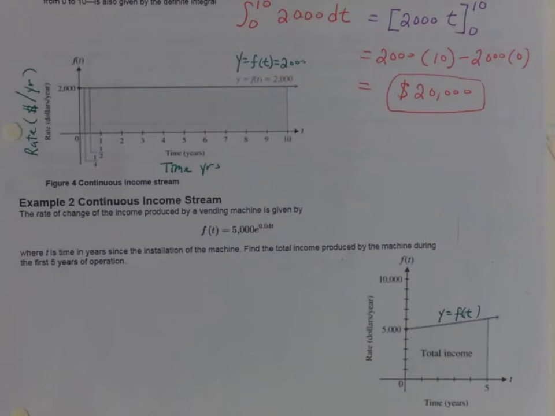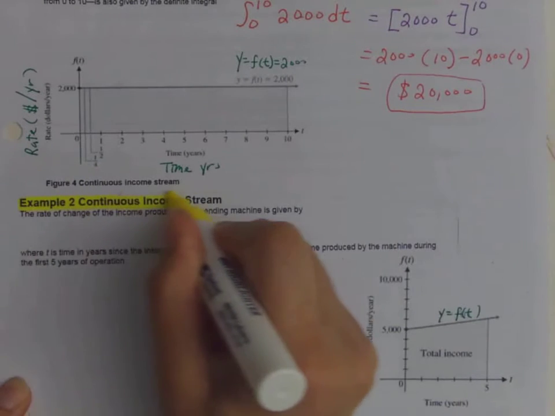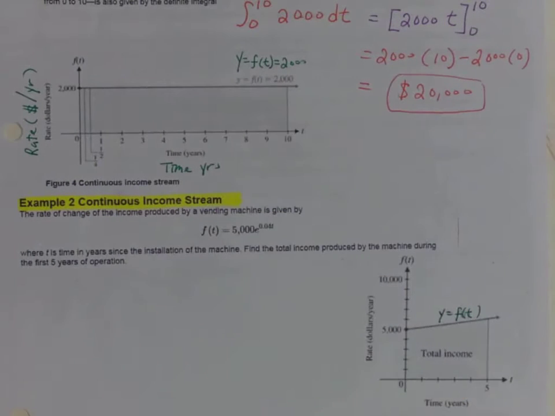The second example is also about continuous income streams. The rate of change of the income produced by a vending machine is given by this. A lot of these problems are not personal questions but are looking from the perspective of a business, which might calculate how much income they are going to have in the future, including capital and reinvestment of the company.